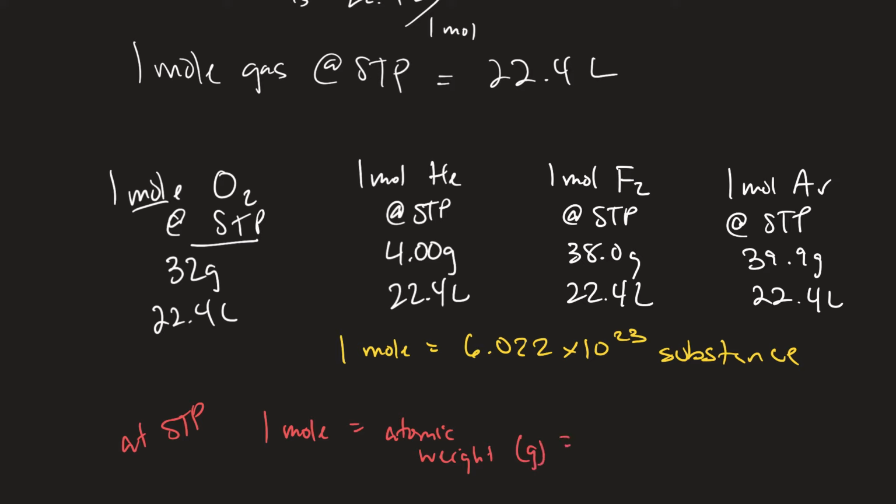It is also equal to 6.022 times 10 to the 23rd of that substance, which is also equal to 22.4 liters. And this right here, we call the molar volume. Much like here, we call this the molar mass because it's grams. This right here, we call the molar volume because it's in liters.